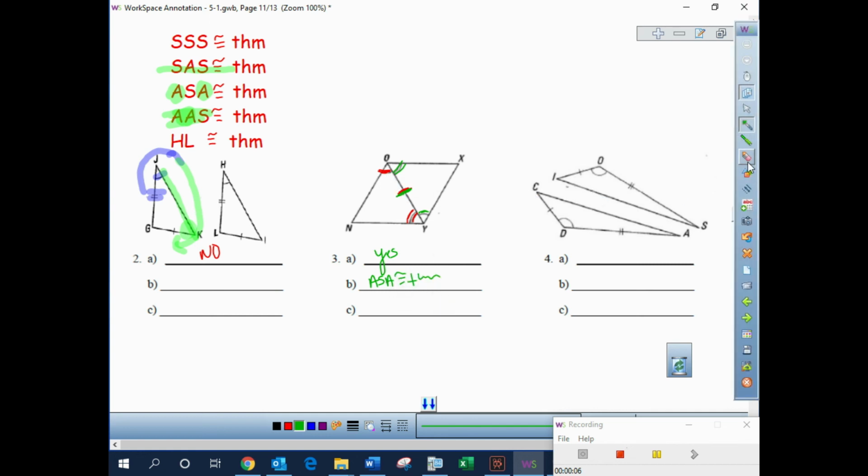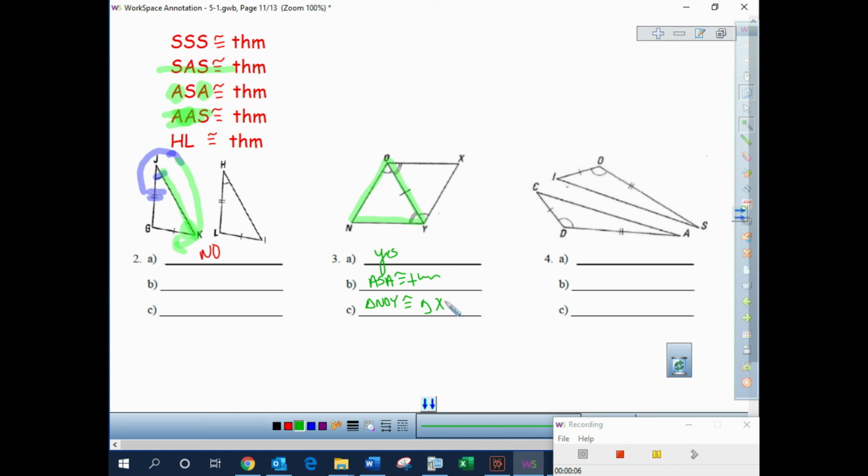And then to name those, let me just erase all this stuff. Name the first triangle whatever you want. So I'm going to name this triangle right here triangle NOY. And it's going to be congruent to triangle N corresponds with X because it's the one with no arc marks in it. O in this green triangle has the single arc mark.